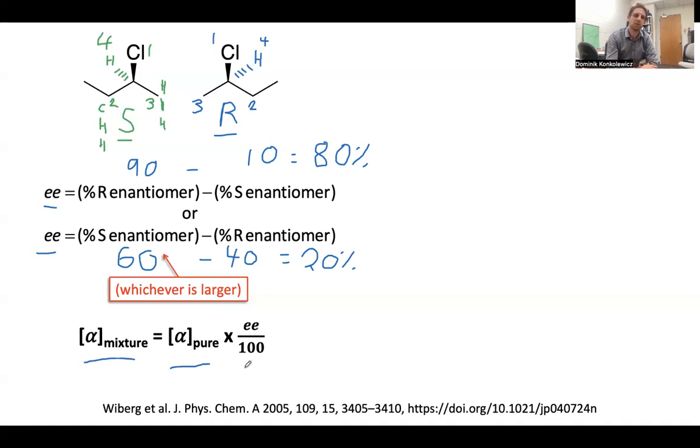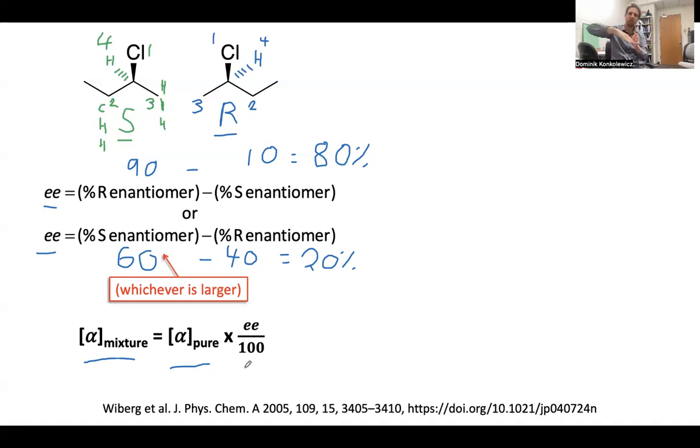The idea being, if the pure enantiomer rotates a certain amount, but we have a mixture of R and S, and the R is rotating clockwise and the S is rotating anti-clockwise, then if we have an excess of the R, but some of the S, we won't get the full rotation for the pure R enantiomer, because some of the S in that system is rotating things the other way.